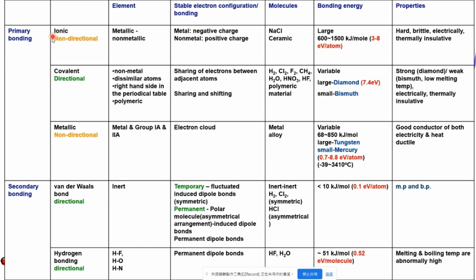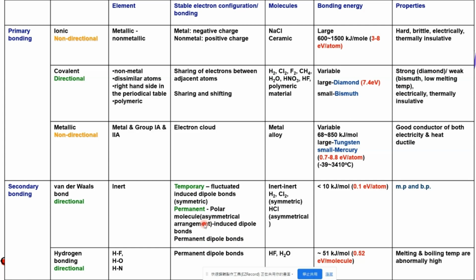And I'm sure you are all aware of these bondings. The secondary bond, there's only one, which is van der Waals bond. And the van der Waals bond is derived from three kinds of interaction. The first one is the permanent dipole bond.